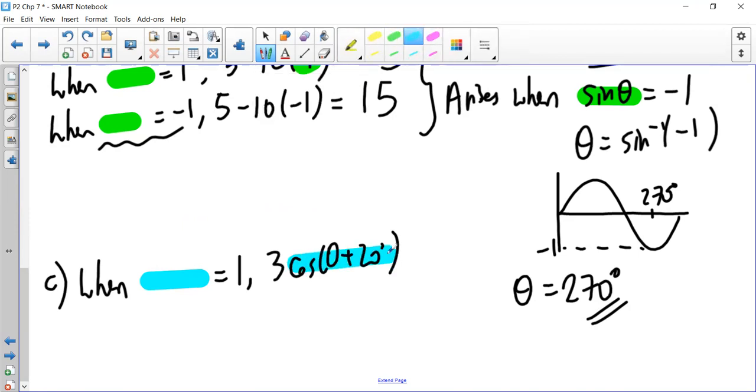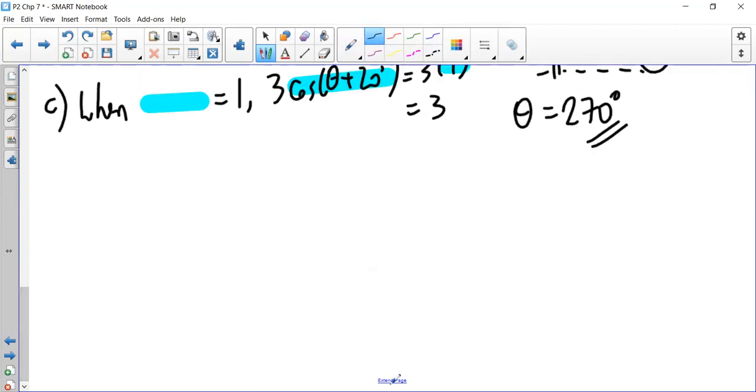That's the highlighted part, wasn't it? So it becomes 3 times 1, which is 3, because we substitute the whole cos bracket as 1. Next, when the highlighted part equals -1, then it becomes 3 times -1, which is -3.